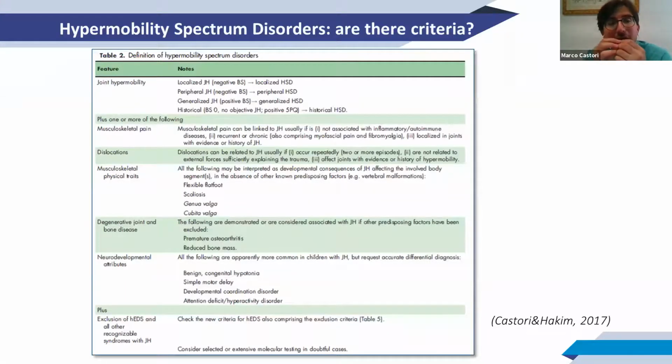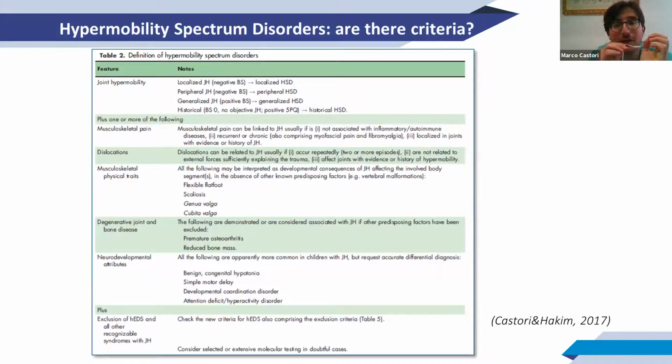Currently, there is not any set of diagnostic criteria for hypermobility spectrum disorder, because hypermobility spectrum disorder is currently accepted as a descriptor in the bridge between hypermobile EDS and asymptomatic joint hypermobility.